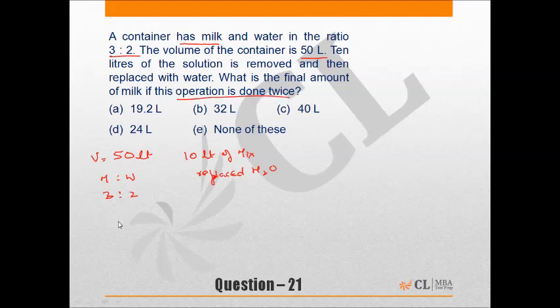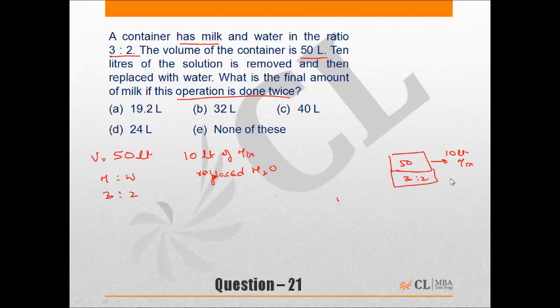So what you are doing is, out of the 50 liters, you will remove 10 liters of the mixture. Originally this mixture is 3:2 in milk and water.